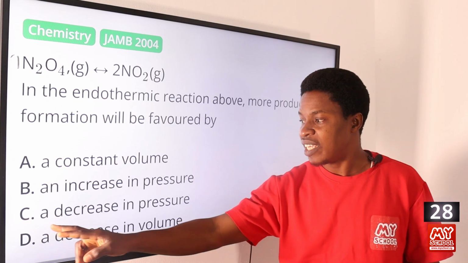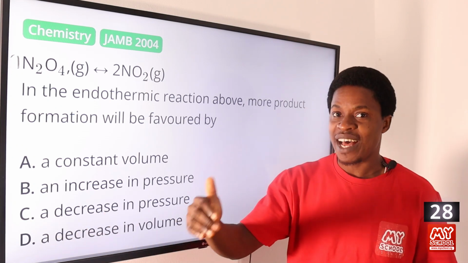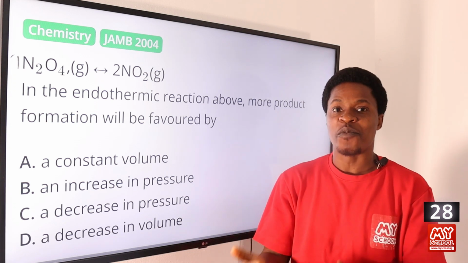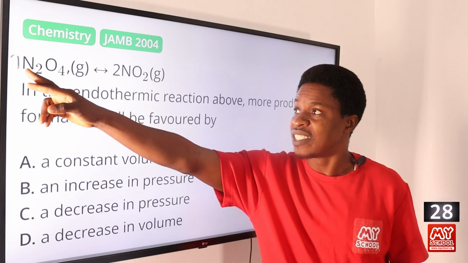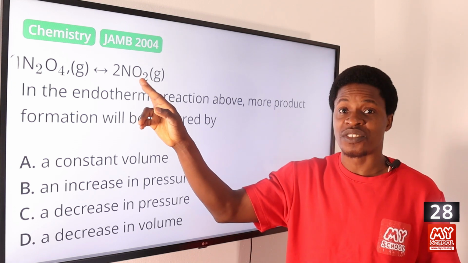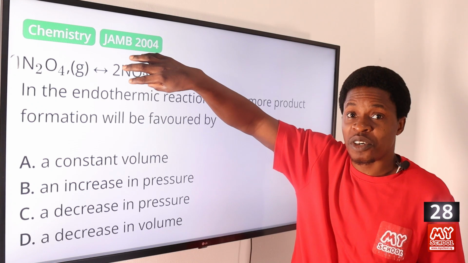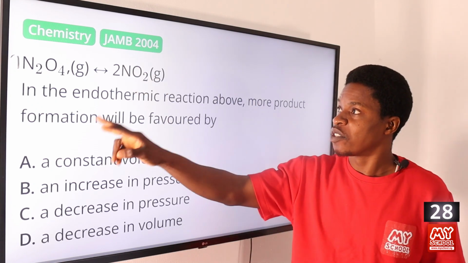Option C says a decrease in pressure. If you decrease the pressure, remember, according to the rule, the side that has the higher number of moles will be favored. So if you look at this, this is lesser, this is higher. So this side has more moles than this. If you decrease the pressure, more of this formation will be favored, which is what the question says: more product formation, because this is the product.